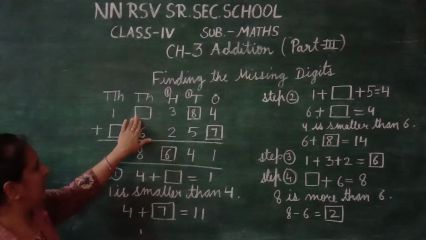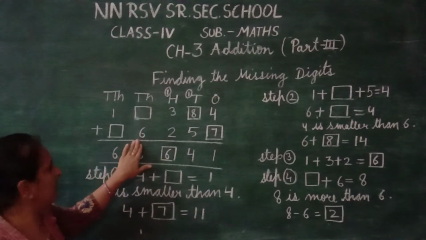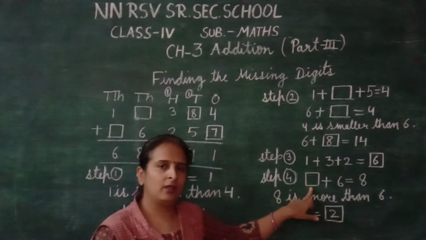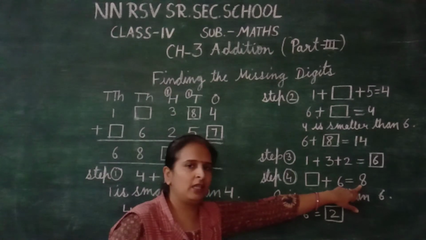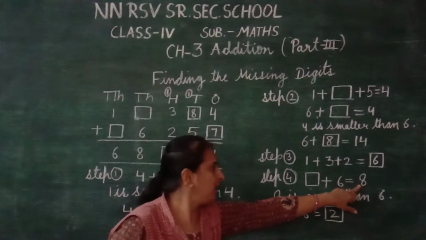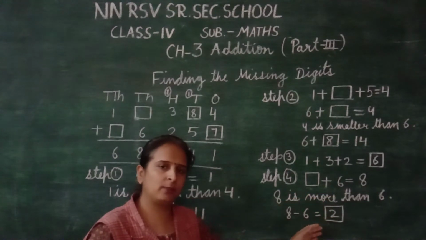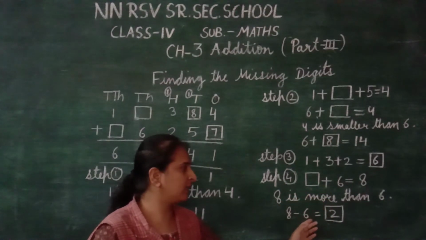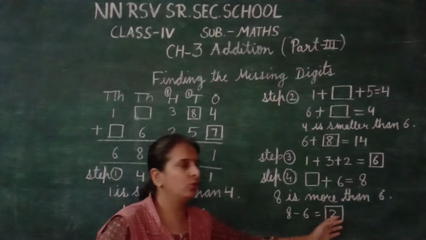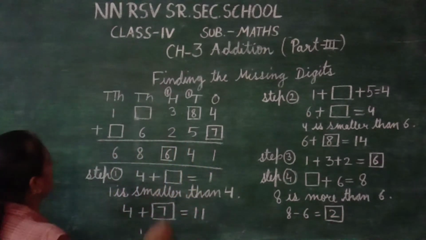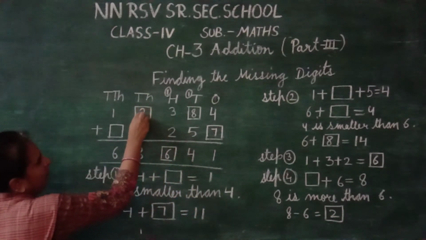The first addend is missing, the second addend is 6 and the sum is 8. 8 is more than 6, so subtraction is possible. 8 minus 6, the answer will be 2. So we put 2 in the blank.